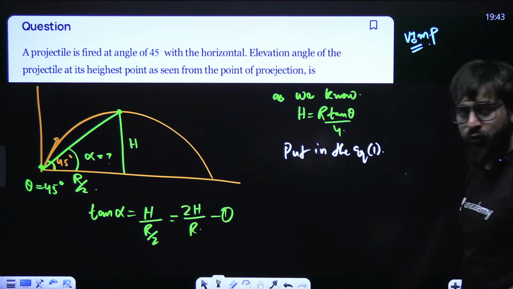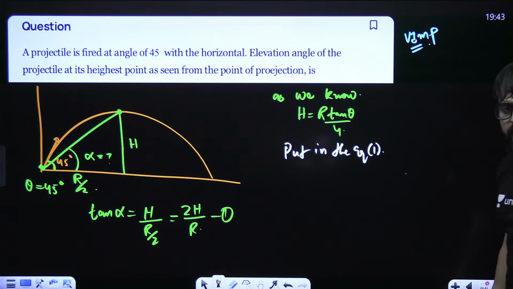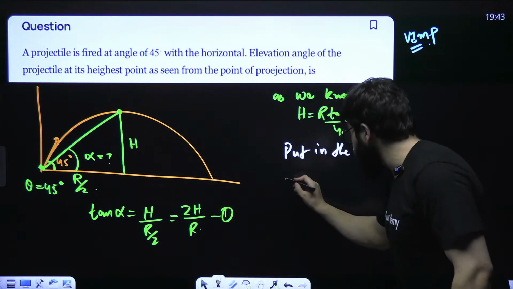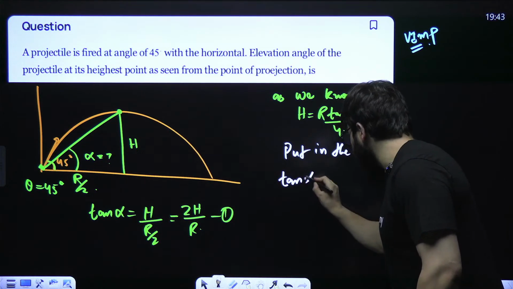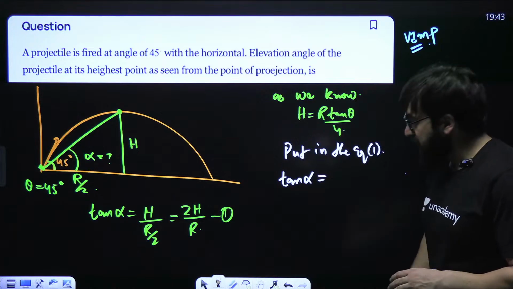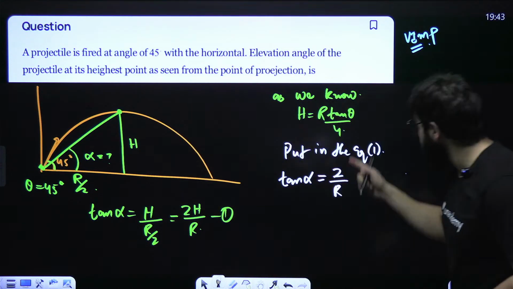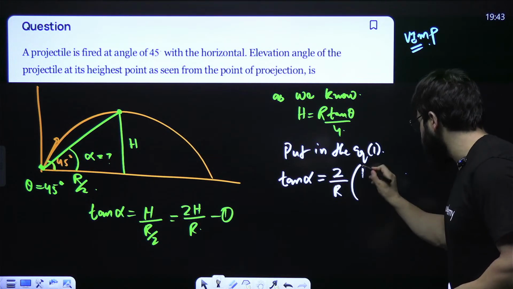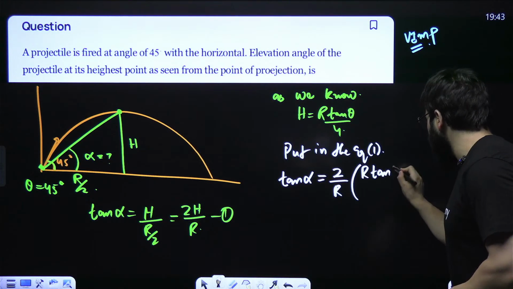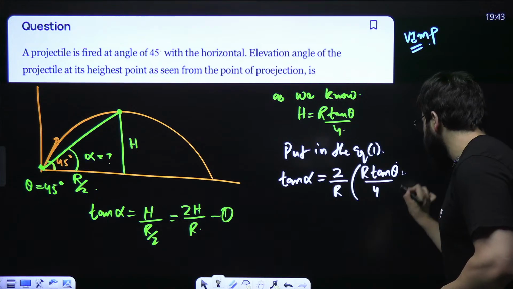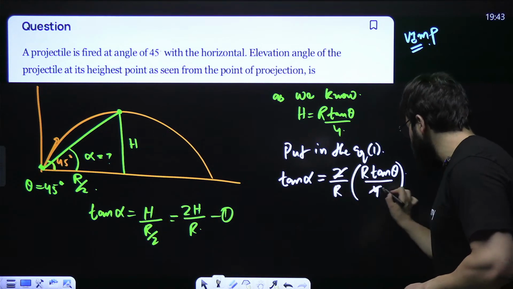Let's call this equation first. If you put this in equation first, tan of alpha will be 2 divided by R, and instead of h, put R tan of theta divided by 4. Now 2 1s are 2, 2 2s are 4.